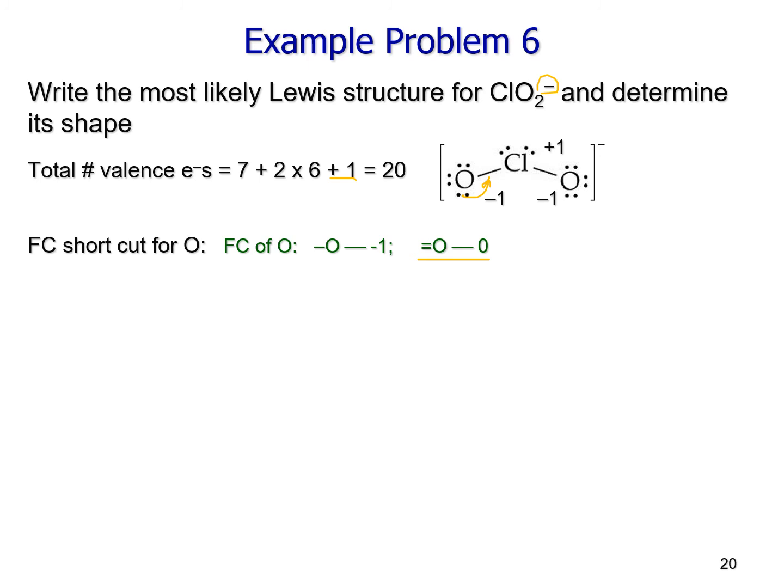Now, the question is, if two more electrons join into bonding, is that okay for chlorine to have 10 valence electrons? Yes or no? Yes. Why? Because chlorine is in the third period.